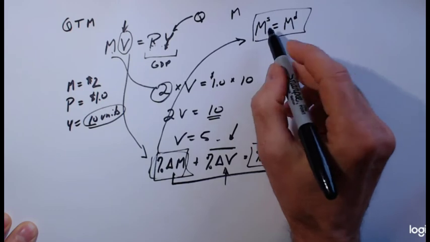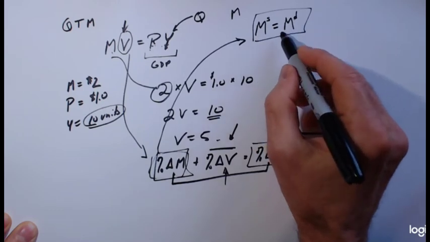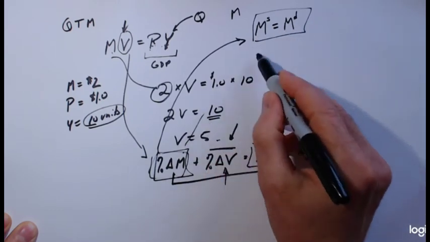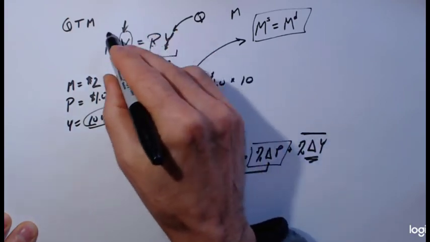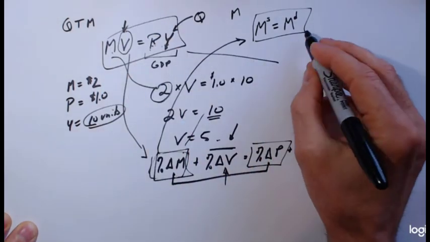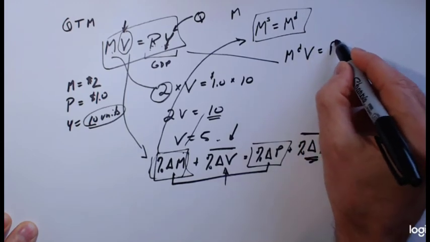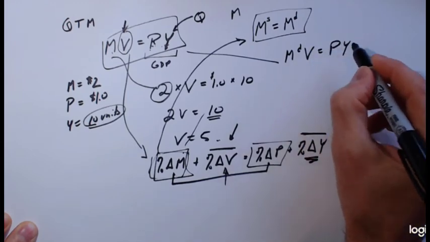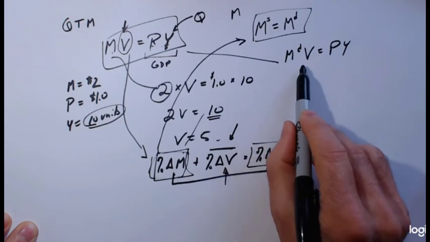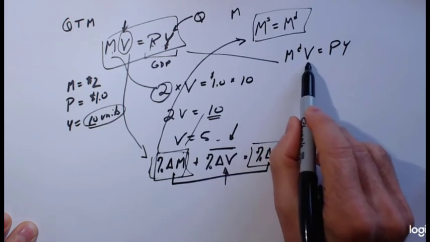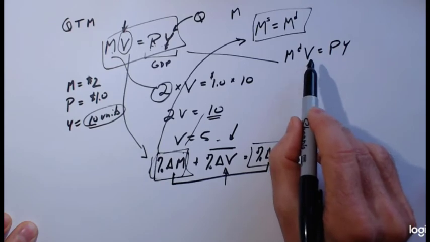So the point is, why don't we look at this equation for a second and say, what about money demand times velocity equals GDP? Maybe we could better understand what drives velocity, because velocity, like I said a moment ago, changes by a few percent, but what causes it to change?